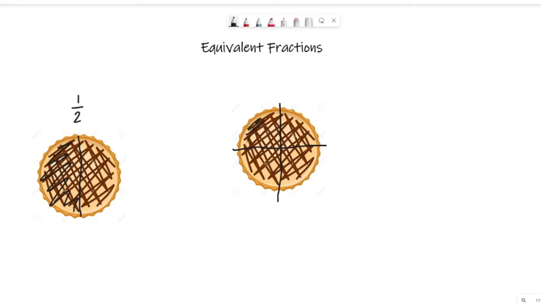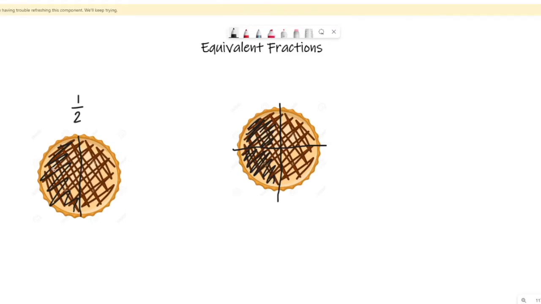It means I have to eat this part and this part as well. It means I'm eating an equal amount of cake as this one, right? But the fraction shows something else here. Right now I'm eating 2 out of 4 parts. You see, the fractions have different numbers, but the amount of cake I'm eating is still the same.